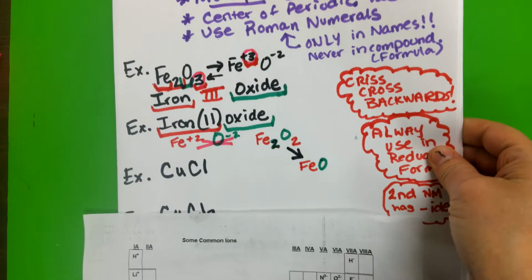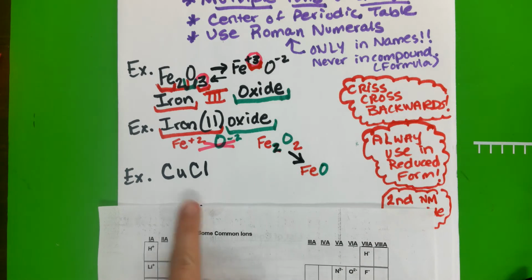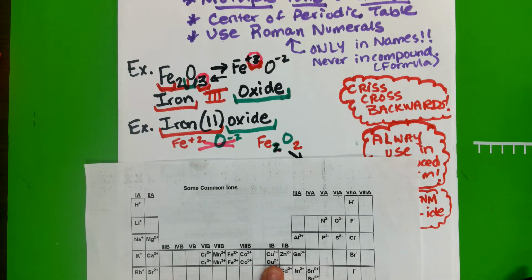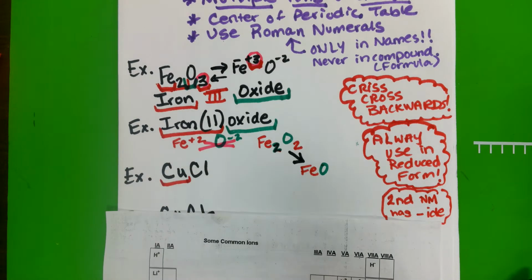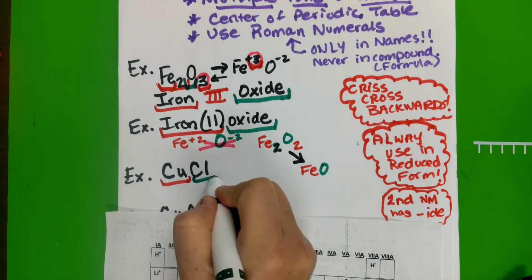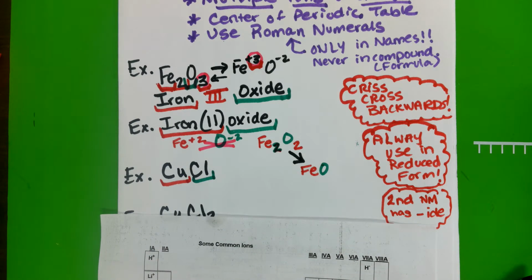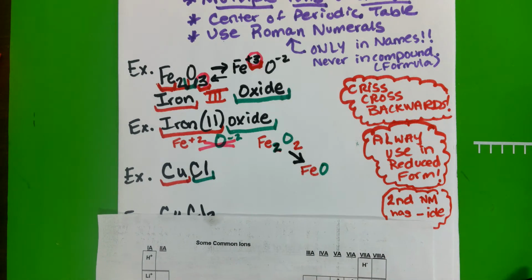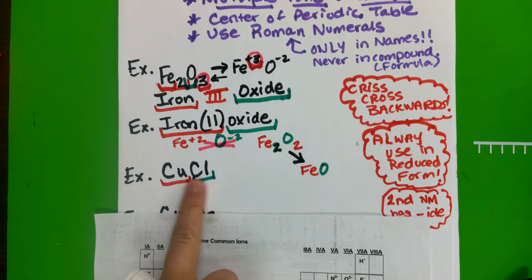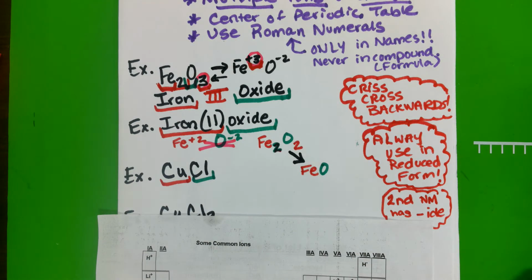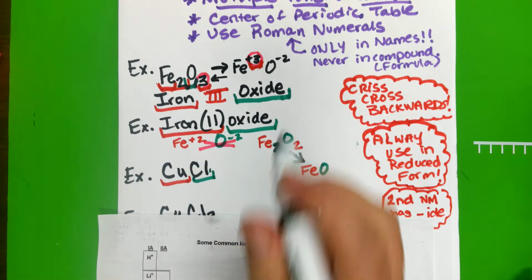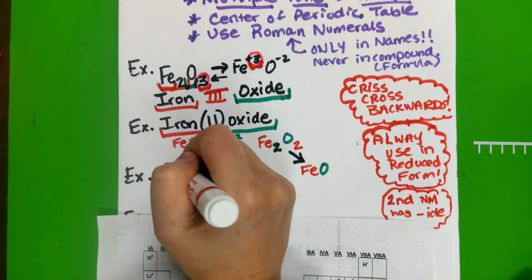Now the next one. Let's look at the next example. Okay, Cu. That means it's copper, but is it copper 1 or 2? So copper, I'm going to put it in red, and this one's in green. Now I'm going to put the charges. In this one, you see, there's a 1 here, and this copper right here has a 1 as well.